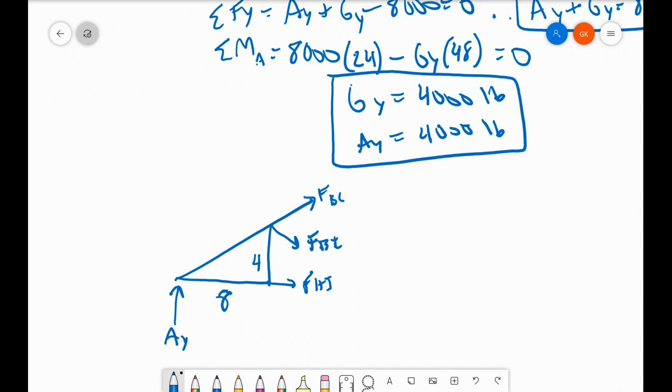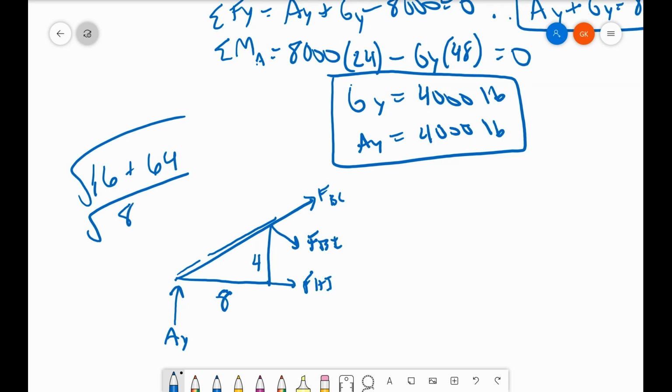Okay. And if we try to do our math, what is this length right here going to be? That might be helpful. Do I actually need that? Why not? I'll go ahead and get it. So 16 plus 64, square root of that would be square root of 80. We pull out a 4 from that.